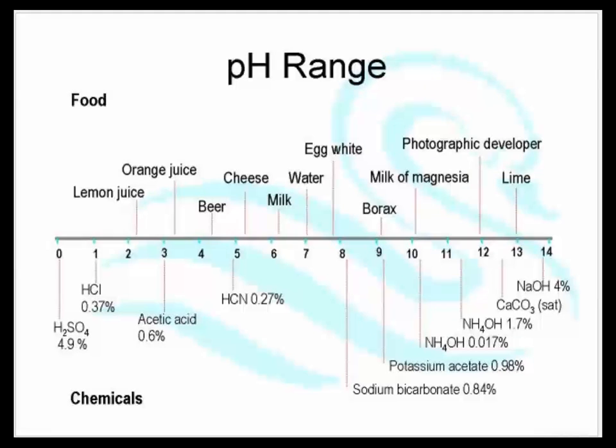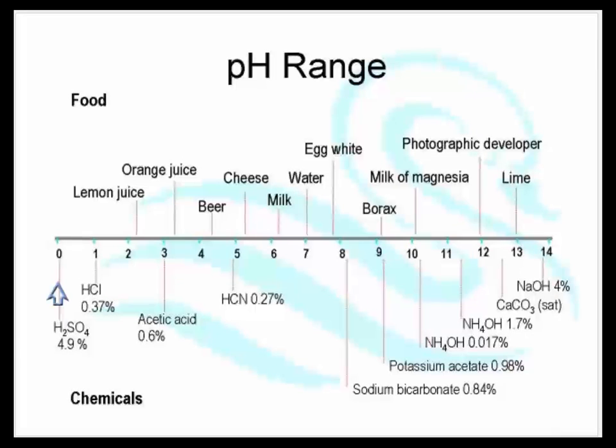So if we look at pH, if we start at this end, at the 0 end, 0 is far away from 7. So 0 up to 7 are the acids. The further away you are from 7, the more it burns.